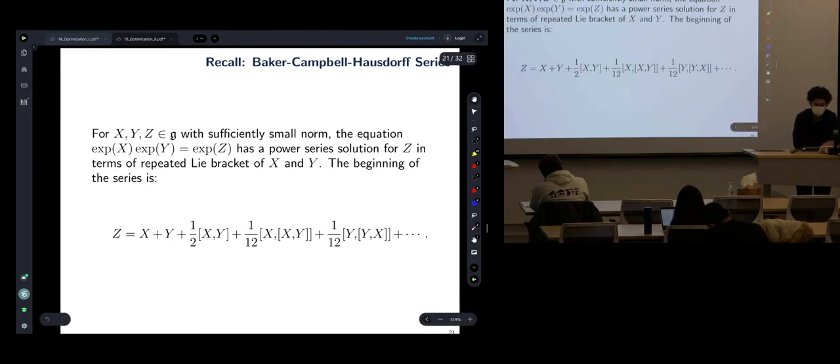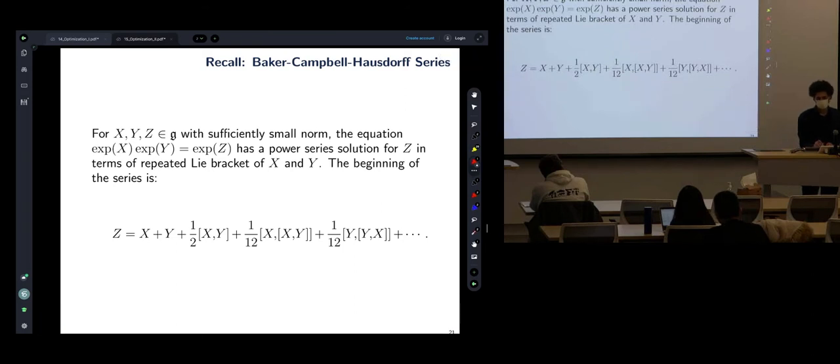You remember the Baker-Campbell-Hausdorff series. This is a series that answers this question: if I have X, Y, and Z in the Lie algebra as matrices, and you multiply the exponential of X by the exponential of Y, what is the equivalent of this multiplication in terms of one exponential?